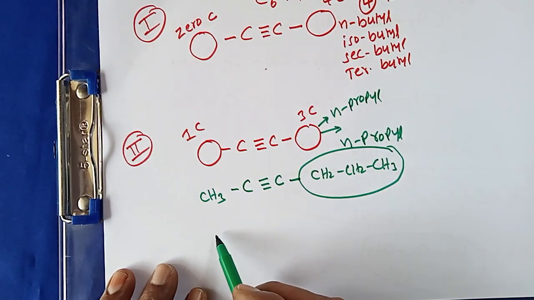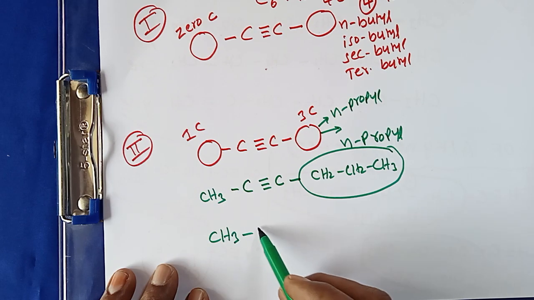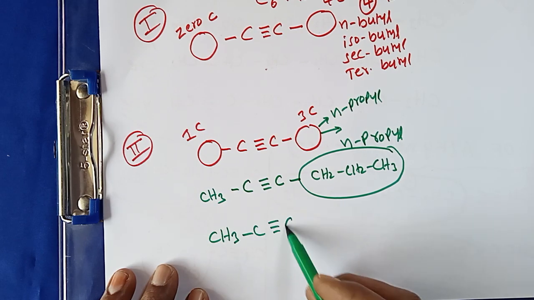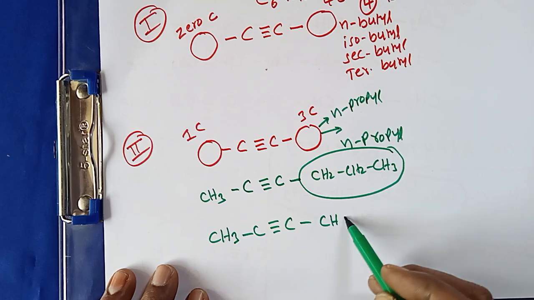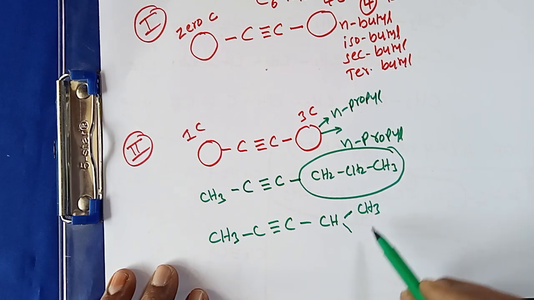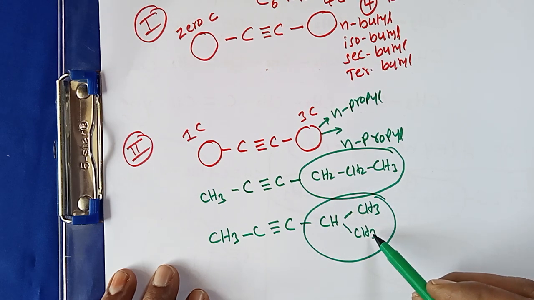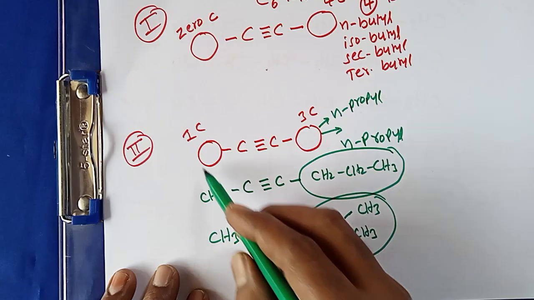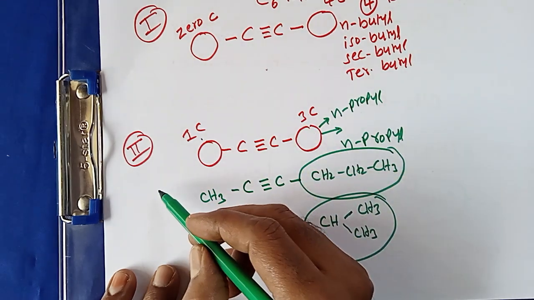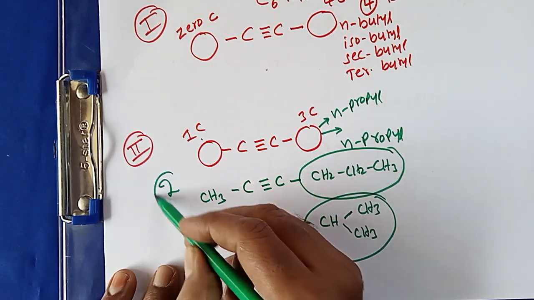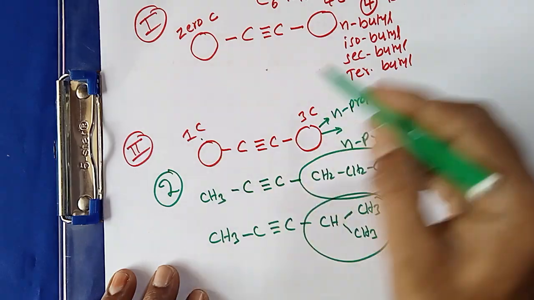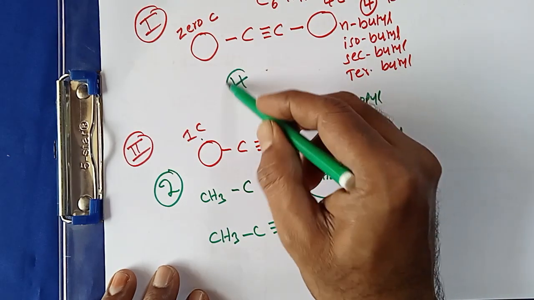Here I write the isopropyl also: CH3, C triple bond C. Next one, CH, CH3, again CH3. So what is this group? Isopropyl. So only 2 are possible. That's why for 1 and 3, here how many isomers possible? Total 2 only. Here how many? Total 4 only.